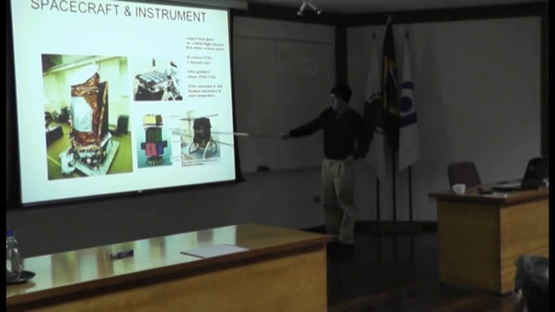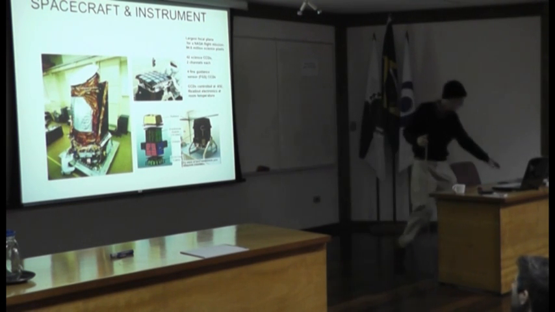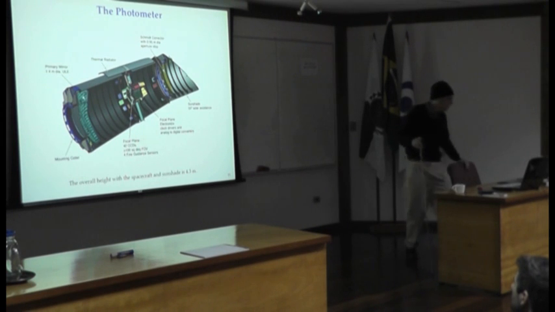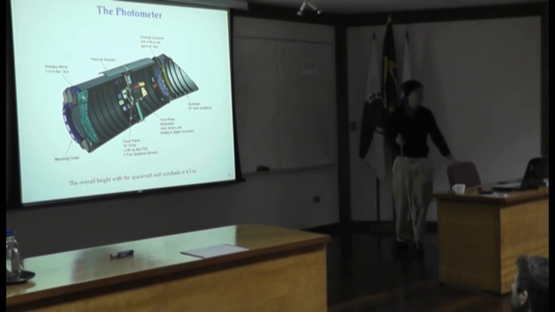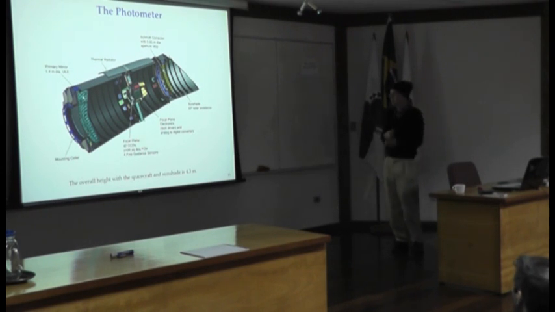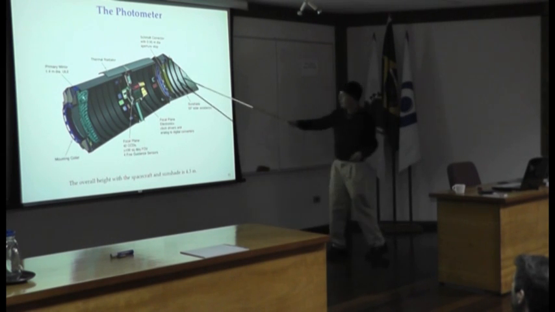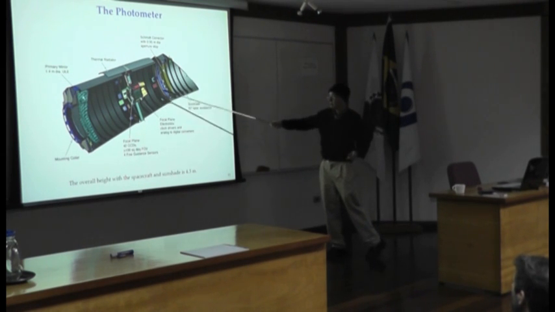And this is just how the spacecraft is arranged, and some of the technical details. Photometer, basically a telescope which is gathering light. It's not spectroscopy, just the total light. It's a very wide field of view telescope.